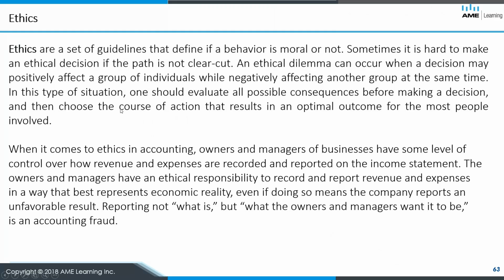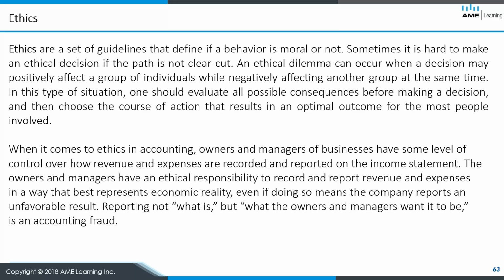Ethics, kind of shifting gears a little bit, not talking about the technical aspects of accounting necessarily, but a really important concept to keep in mind is this concept of ethics.